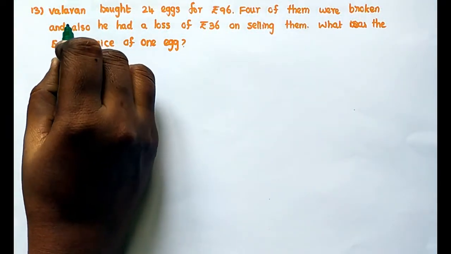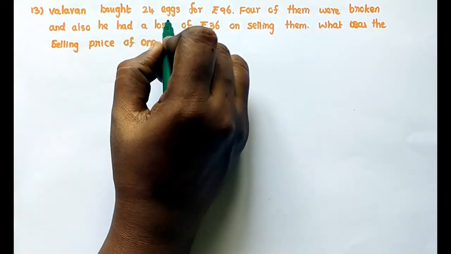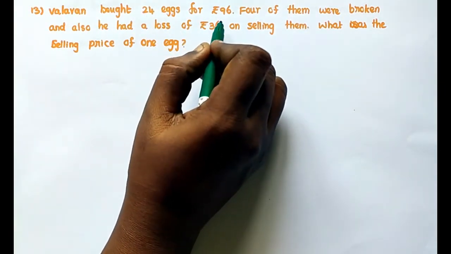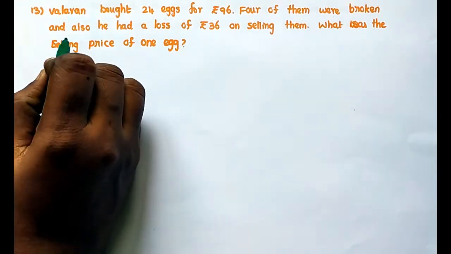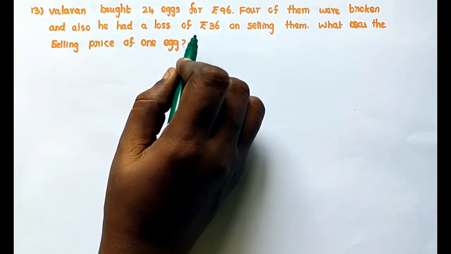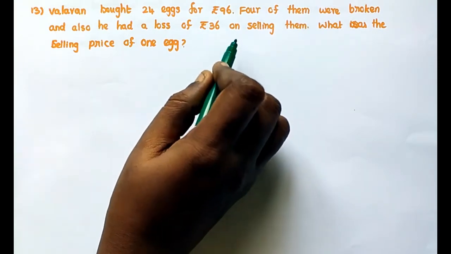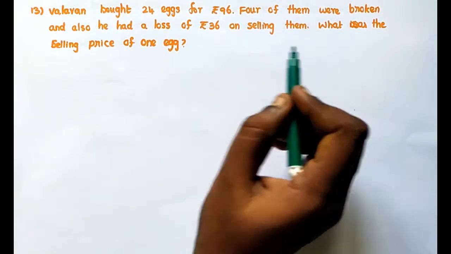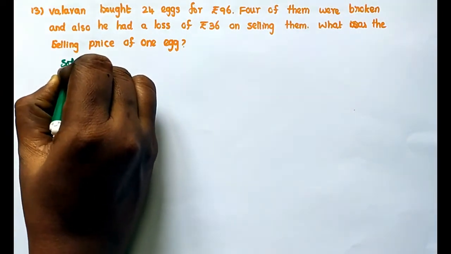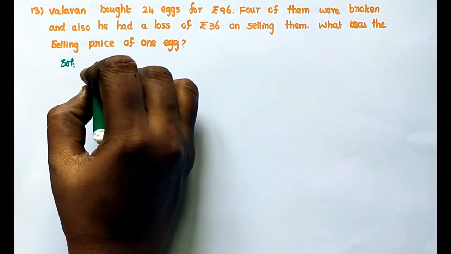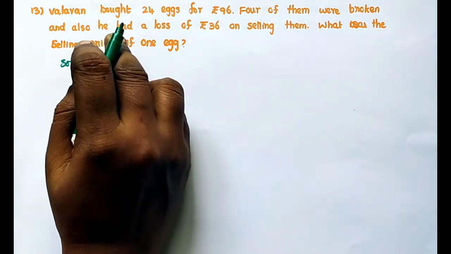13th sum. Valavan bought 24 eggs for rupees 96. 4 of them were broken and also he had a loss of rupees 36 on selling them. What was the selling price of one egg? Listen. First write down what they gave.